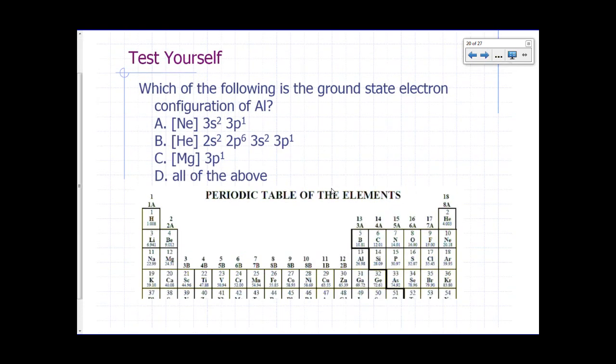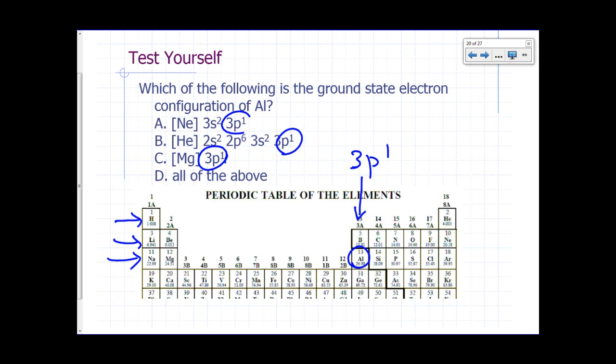All right, which of the following is the ground state electron configuration of aluminum? Well, aluminum is over here, so it's in the p block, right? And 1, 2, 3, so third row. So 3p1 is the last thing you're going to write. Well, they're all 3p1. So what's the correct one? Well, let's construct it.